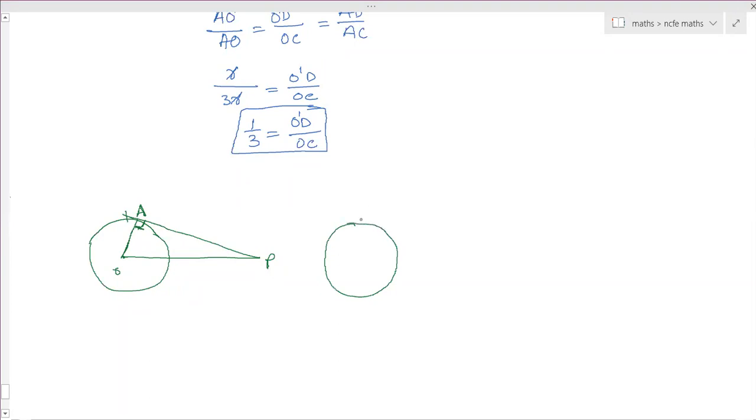Two tangents from the external point P, and the angle between the two tangents is 60 degree. Radius is A. Then OP is equal to dash.